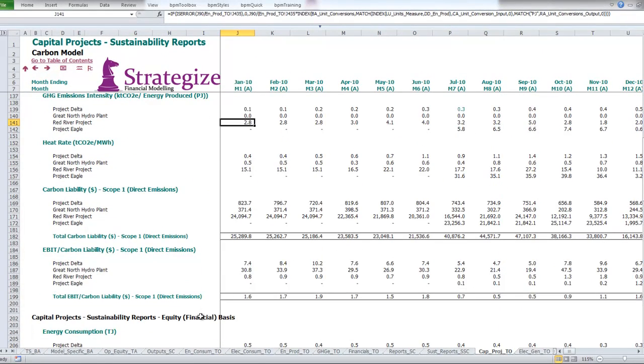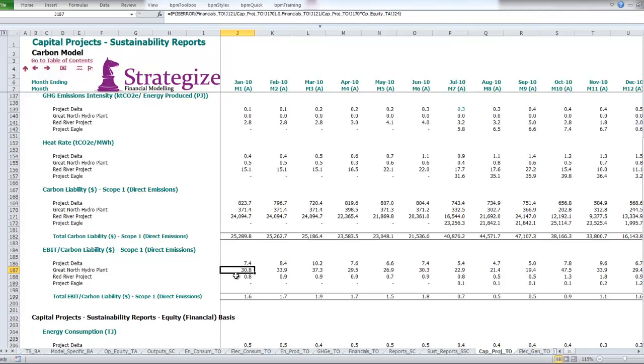Now, one metric I think is a good one to adopt is a carbon financial reporting metric. I'm using earnings before interest and tax, EBIT, because this can show you, relative to $1 of carbon liability, how much earnings it's generating.